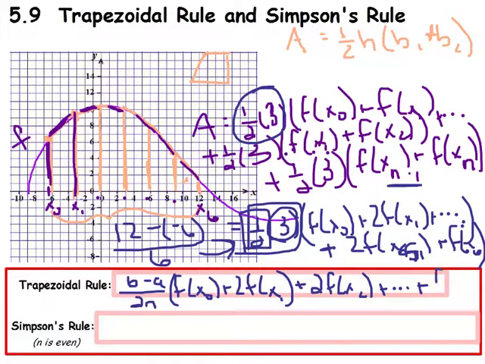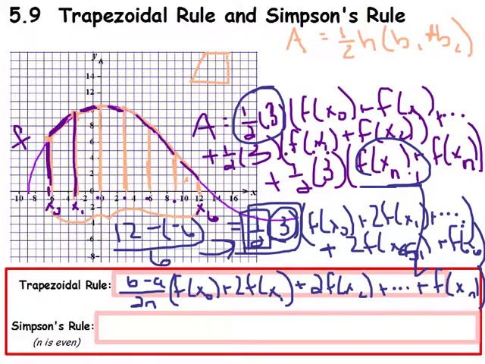And then the last term would be just 1 f of x sub n. So please do put that term in here. The 2 f of x sub n minus 1 would go in there, just so you would remember that the coefficients go 1, 2, 2, 2, 2, 2, 2, 2, 2, all the way to almost the end, and then 1.